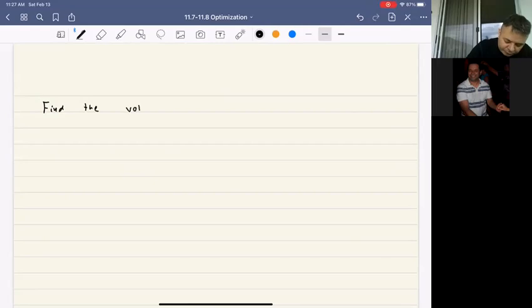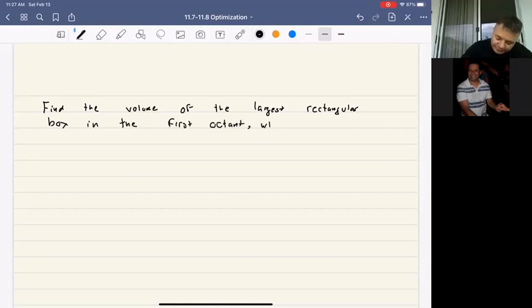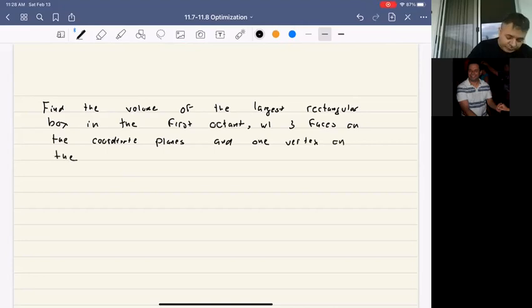Find the volume of the largest rectangular box in the first octant with 3 faces on the coordinate plane and one vertex on the plane x plus 2y plus 3z equals 12.